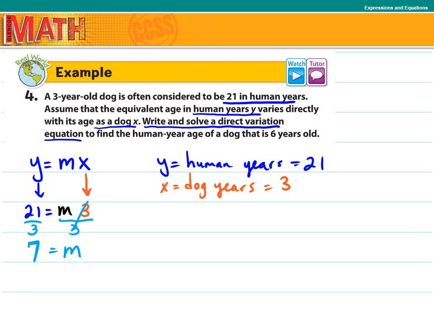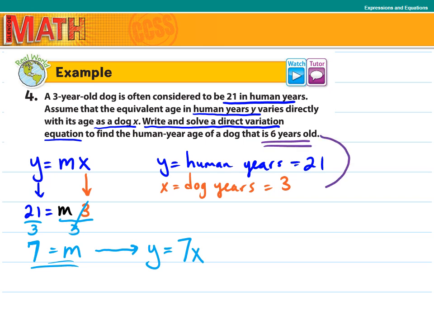So now the second part is write and solve a direct variation to find the human age of a dog that is 6 years old. So now I'm going to take that 7, y is equal to 7, okay, I got the m from doing this equation over here, so now 7 times x. And the information they're giving us is the dog is 6 years old.